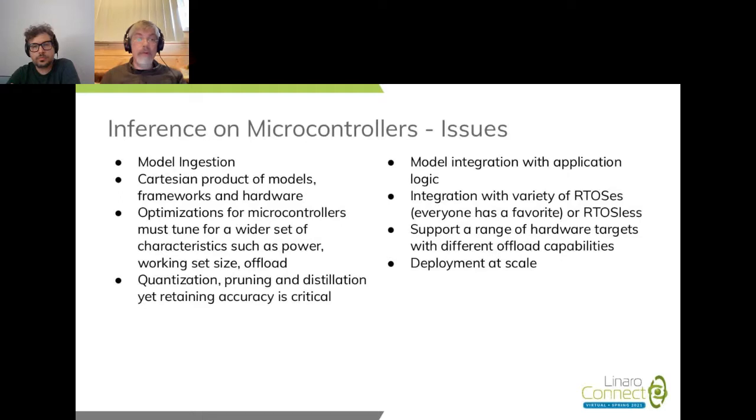When you're in a world of pen-like batteries and such, you need to be thinking about these things. Likewise, offload is very important in this world as well. So we're not talking about just doing things on a CPU, although certainly in the microcontroller world, you may only have a CPU there. You may not have an NPU. You may not have a DSP. So these are things that the framework, and µTVM in particular, needs to be able to handle gracefully.